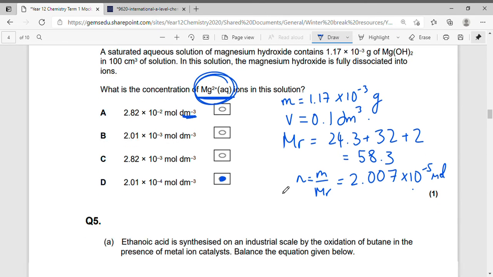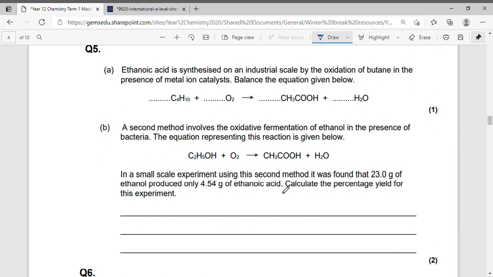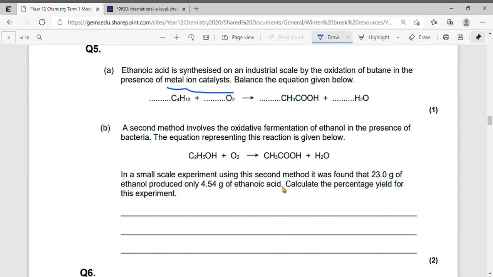Not really sure. Okay. Ethanoic acid is synthesized on an industrial scale by the oxidation of butane in the presence of metal ion catalysts. Balance the equation given below. Okay. So, let's try 4 here. 4.